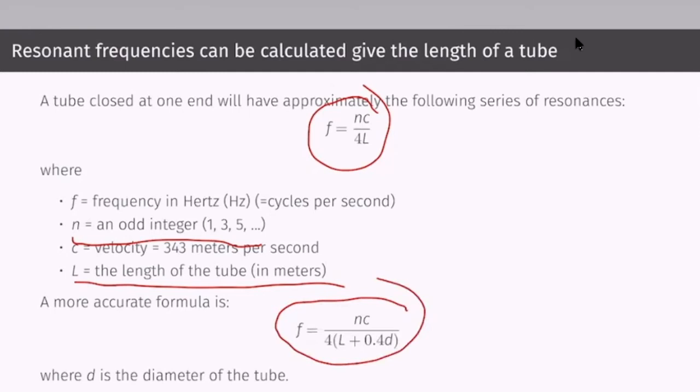It just has an extra variable, diameter, which is d. So this is great. You can calculate all of the resonant frequencies without using any hard math. So it's beautiful.